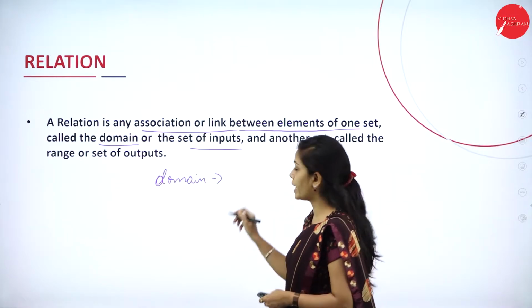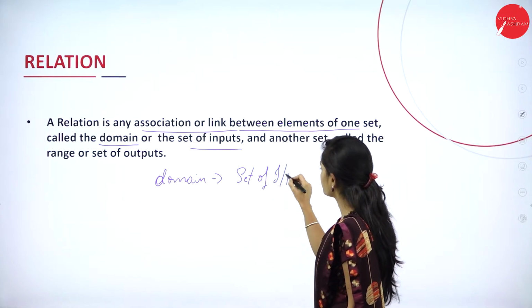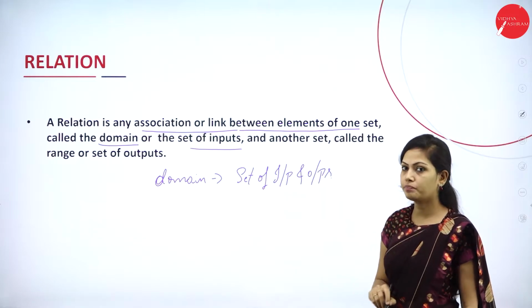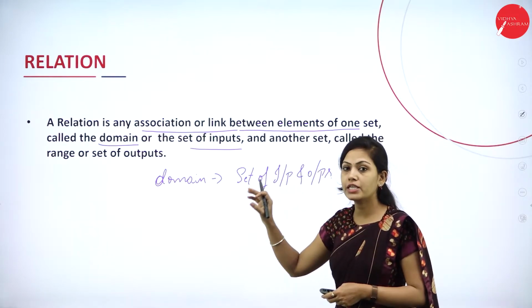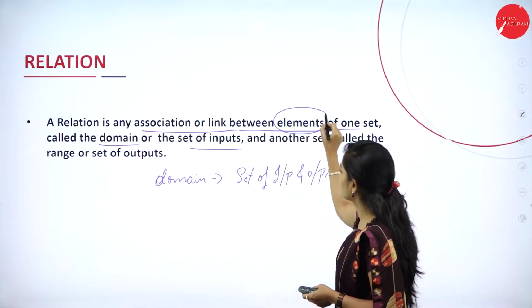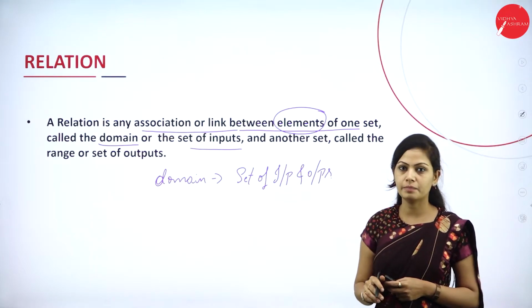So the domain is called the set of inputs. So what is the meaning of relation? Relation is a link between elements. So a link between the sets of elements is called a relation.